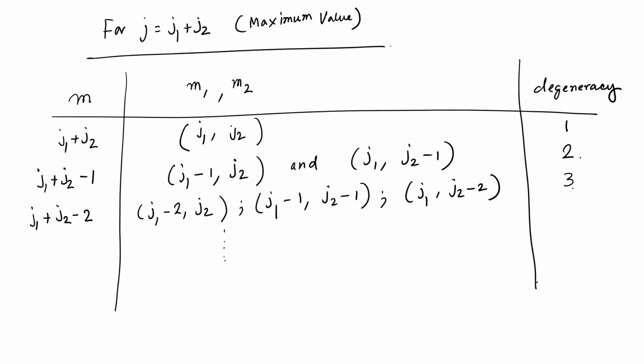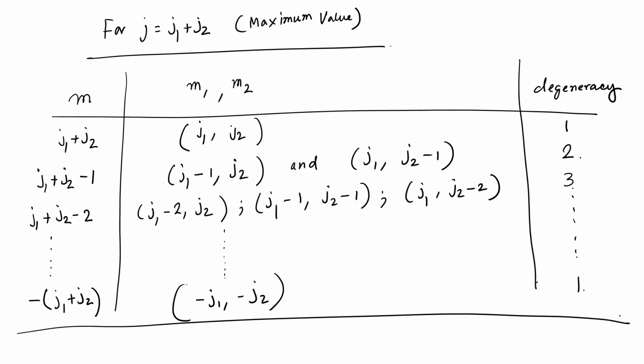And if you really go down to all the combinations for this value of j, which is written above the table, the lowest value that you get is minus of j1 plus j2. That again has just one combination, minus j1 and minus j2, and this again has degeneracy equal to 1.